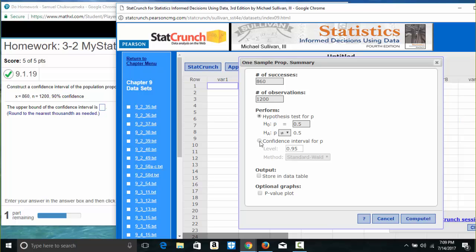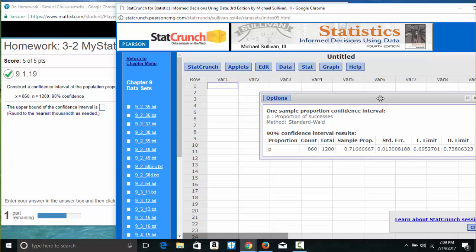Then you want to come here and click on this button, confidence interval. And this is 90% confidence, so put 0.90. Under the method, leave it as standard Wald. And just click compute.